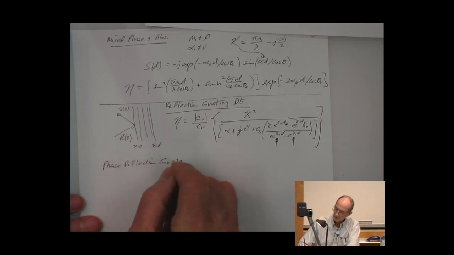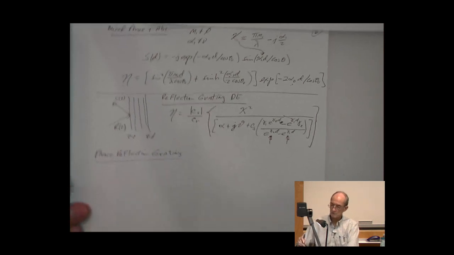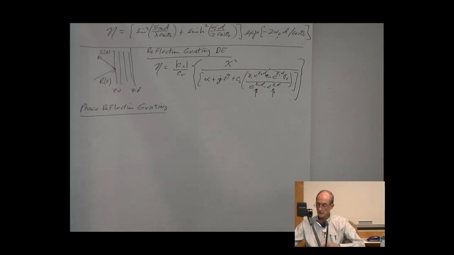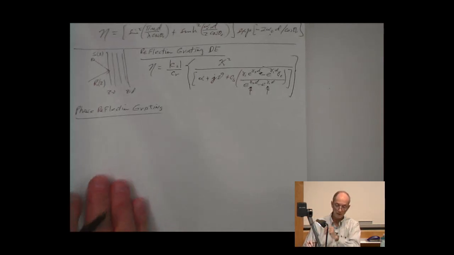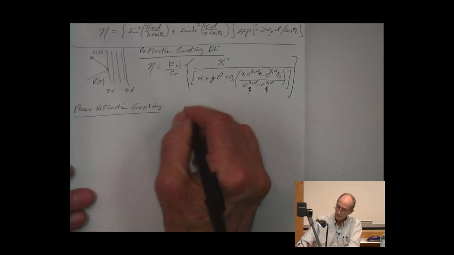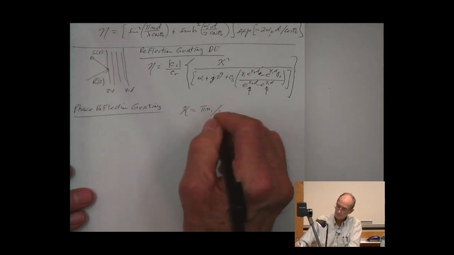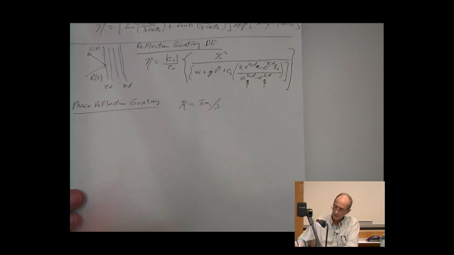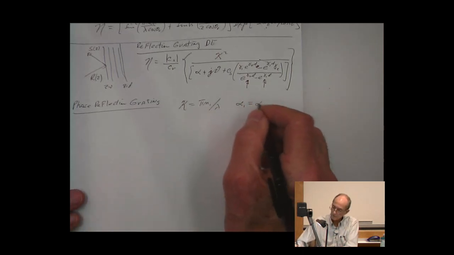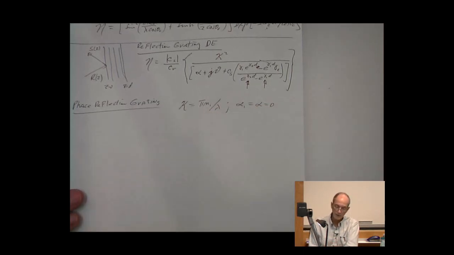Again, this is usually the most desirable form of the grating, because we'll have very high diffraction efficiency. So kappa is equal to pi n1 over lambda, and we have alpha 1 equals alpha equals 0 for this case.